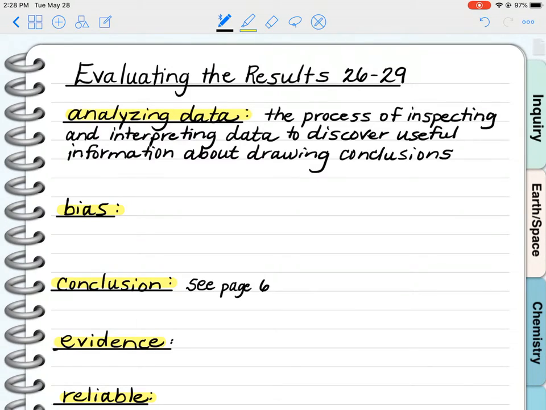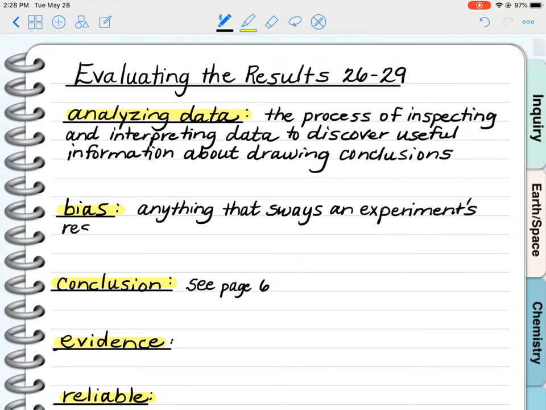And bias is anything that sways an experiment, its results, in a way that makes them inaccurate.